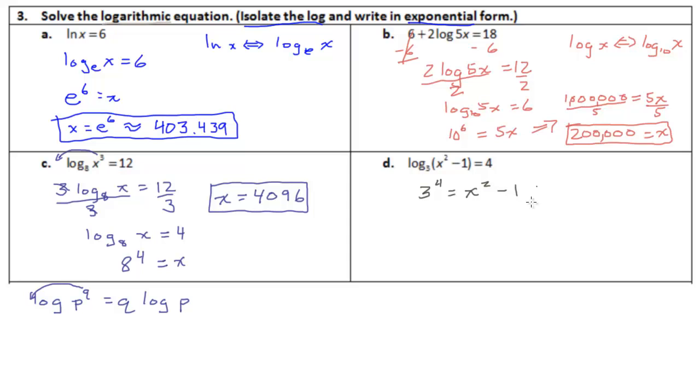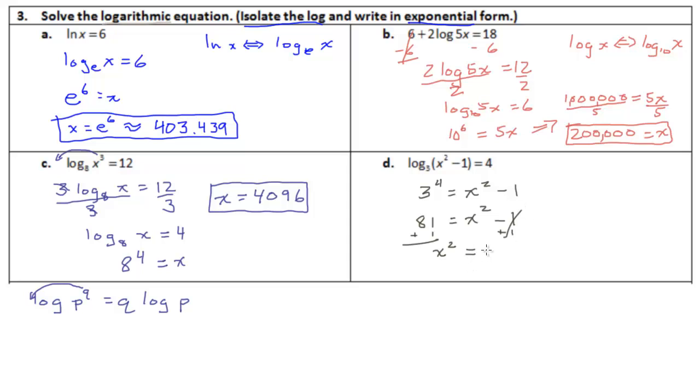3 to the 4th, 3 times 3 is 9, times 3 is 27, times 3 is 81, equals x squared minus 1. So we're going to add 1 to both sides, and let's put our x squared on the left. Adding 1 to both sides gives us 82.